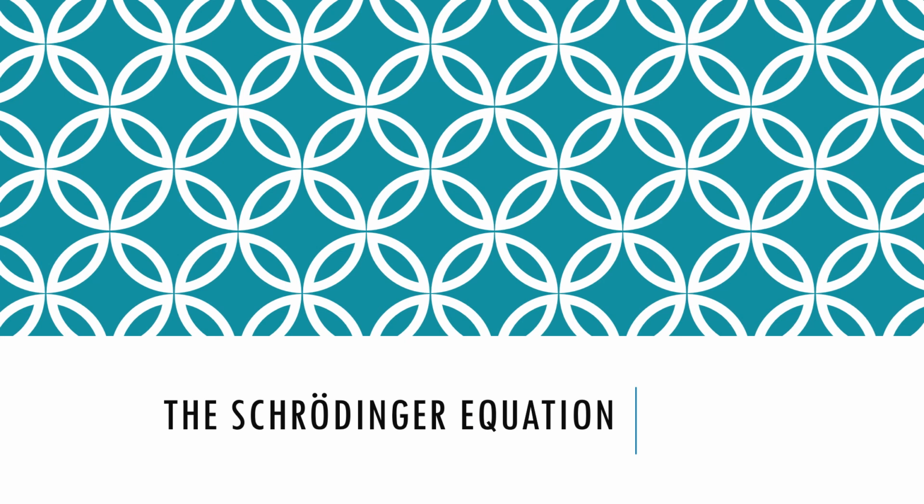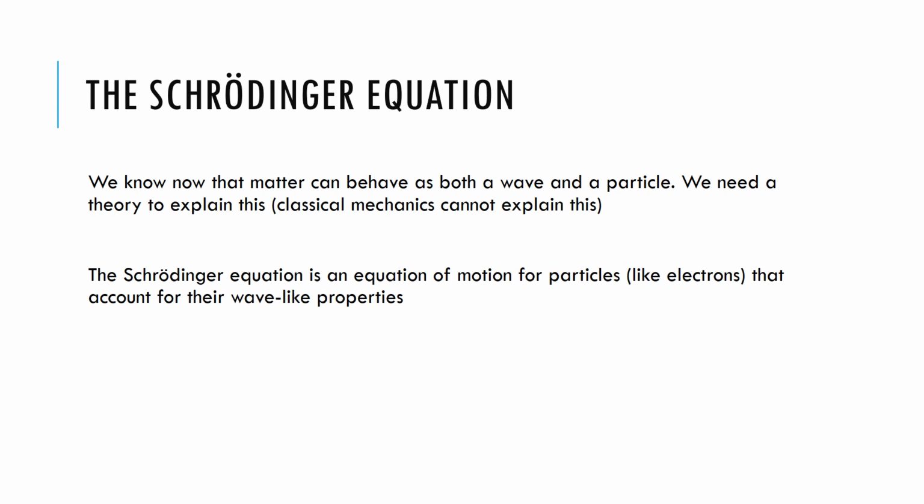What I'd like to do now ahead of the next session is just to briefly introduce the Schrodinger equation. So we know that matter, the electron, can behave as both a wave and a particle. What we need is a theory to explain this. So we spoke about in the first session the way that classical mechanics just does not explain this at all.